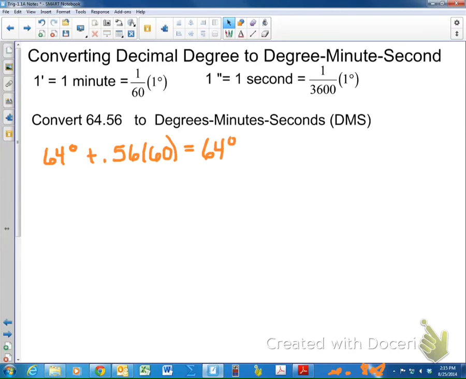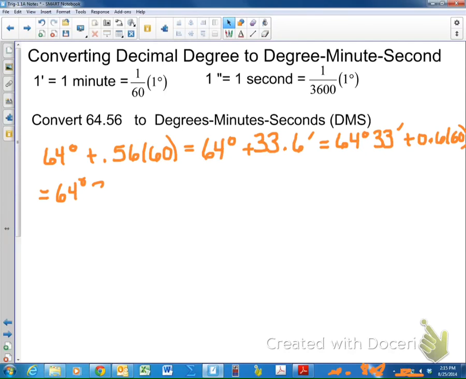So when we do that, you're going to take 64 degrees plus 0.56 times 60, which is 33.6. Now, take that 64 degrees and 33 minutes, and now take the 0.6 and multiply it by 60 again. That gives you 64 degrees plus 33 minutes. 0.6 times 60 is 36, so 36 seconds.